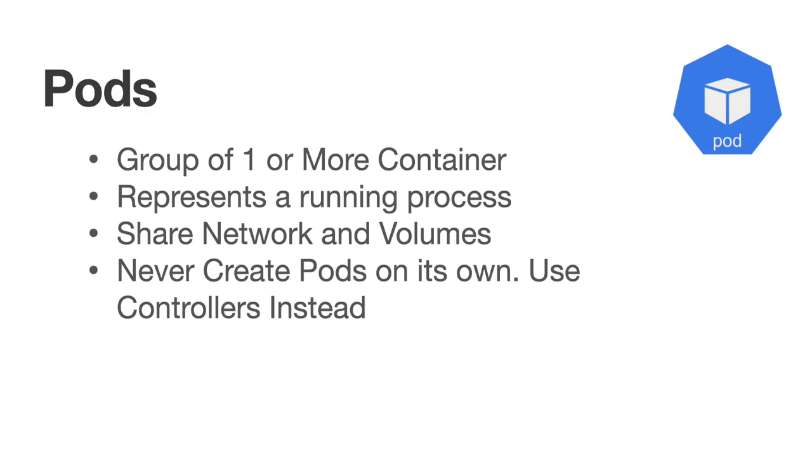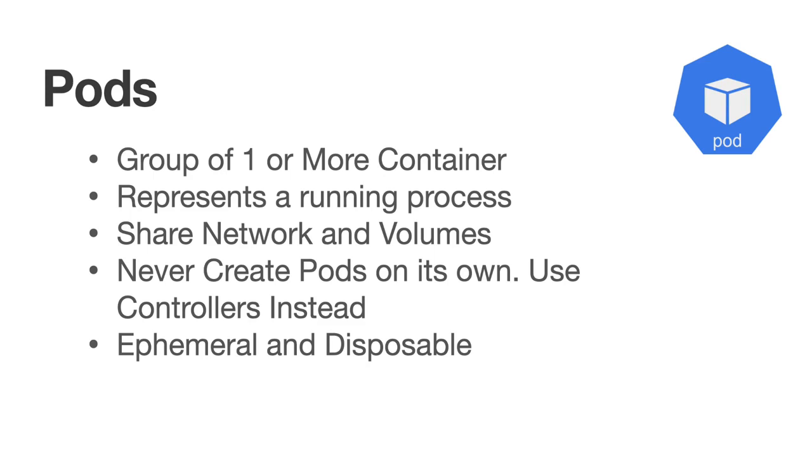The reason why I'm saying that you should never create pods on their own is because pods are ephemeral and disposable. Ephemeral means that they're not long-lived, therefore they are disposable. And remember, I said that Kubernetes is an orchestrator, and we have a bunch of controllers that monitor the state of our cluster.